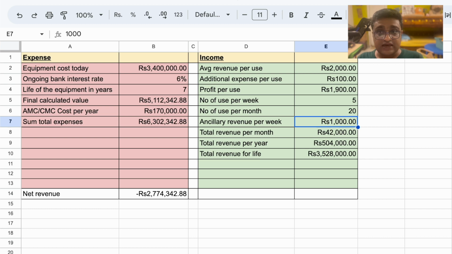Now, in this case, there's a slight difference compared to the YAG laser. Because you have an optical biometer available at your place, you tend to do more torics and more multifocals. Your confidence level in performing these premium surgeries will definitely increase. That will increase your ancillary revenue, which is not direct revenue. You cannot count it as direct revenue from this equipment.